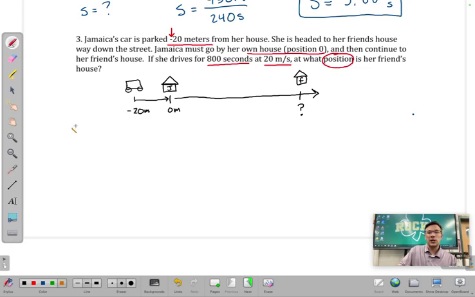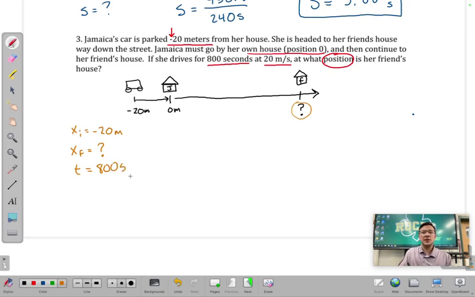We were told Jamaica's initial position, which was negative 20 meters. Make sure you keep that negative in the forefront of your mind. The final position that she ends up is what we're solving for. We need that value. That is this right here. It then tells us that she drives for 800 seconds. The unit of seconds goes with time.